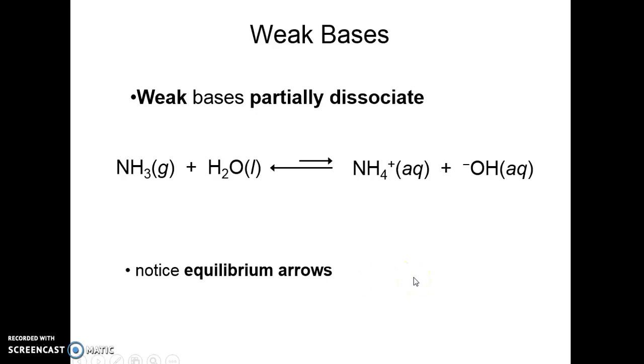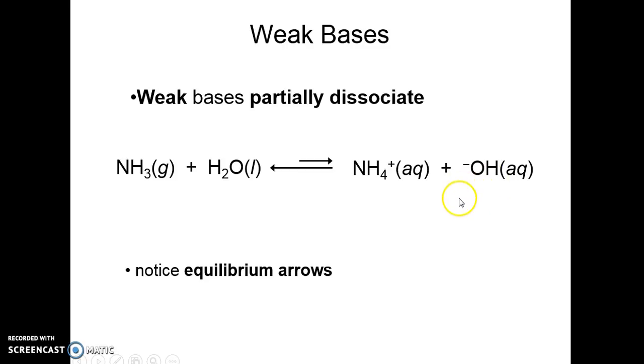If you have a weak base, like a weak acid, it partially dissociates. Here is ammonia reacting with water. It pulls a proton off the water to make ammonium, and then what's left over is hydroxide. So it produces hydroxide in water.